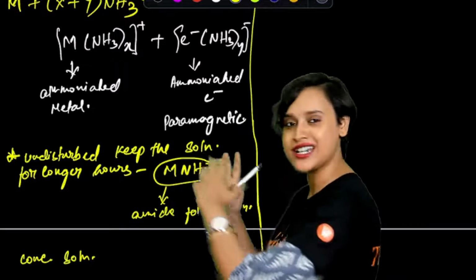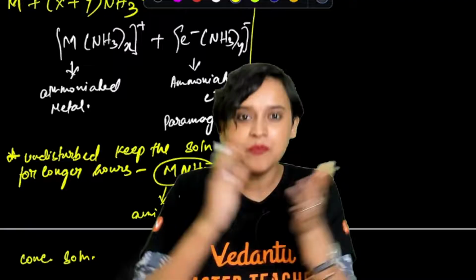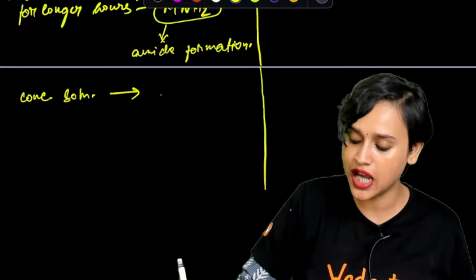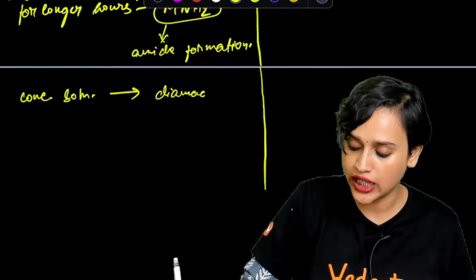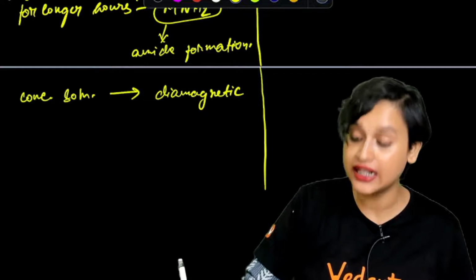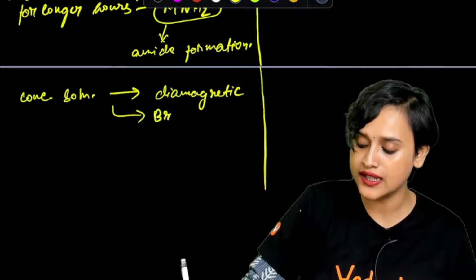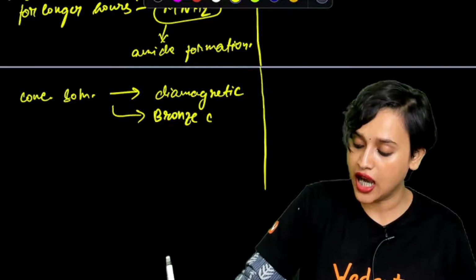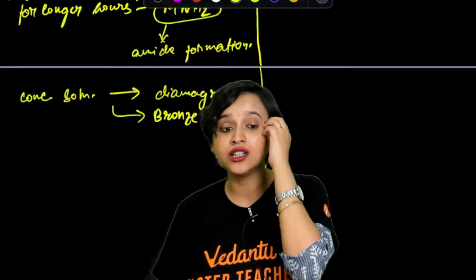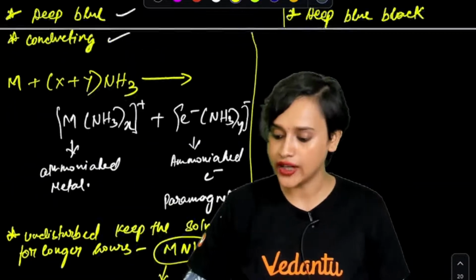If I take concentrated solution, the clumping of the electrons happens, and because of that this becomes diamagnetic. This diamagnetic solution also becomes bronze color. It no longer shows the deep blue color, but it forms bronze color.